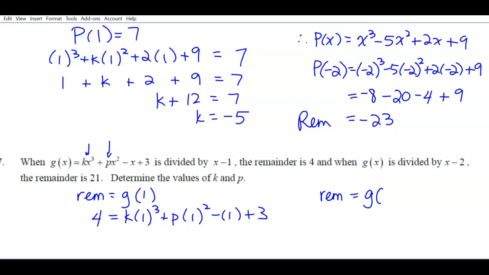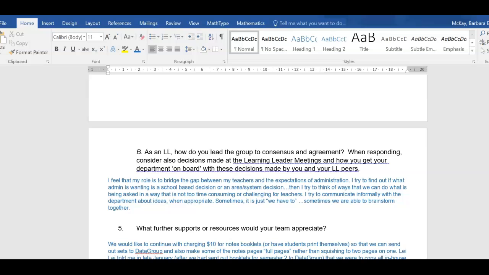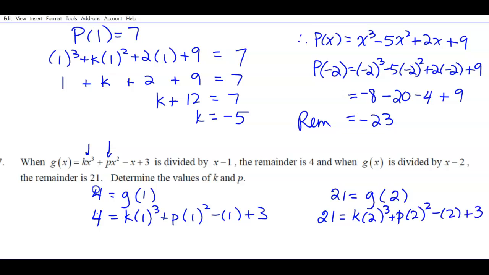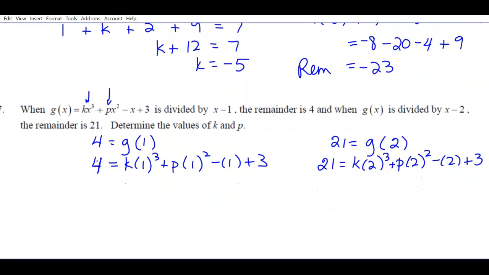Actually, you can just put 4 in here, right? 4 is the remainder. The remainder is 21. And that's going to be g of 2. So then you'll have 2 equations and 2 unknowns that you want to solve algebraically.